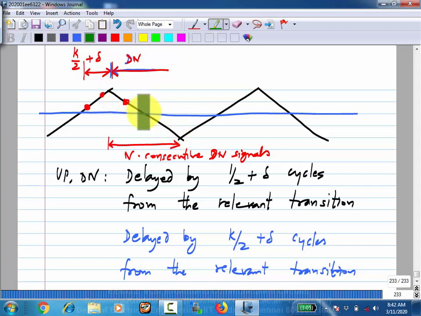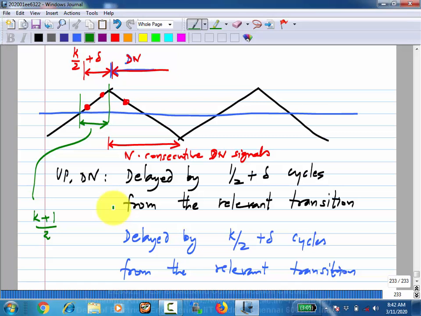So from here to there, it has to be either an integer or a half integer, okay, right? So what will that be now? It's K by 2 plus delta, but you have to round it up to the next half integer. So this will be K plus 1 by 2, okay.